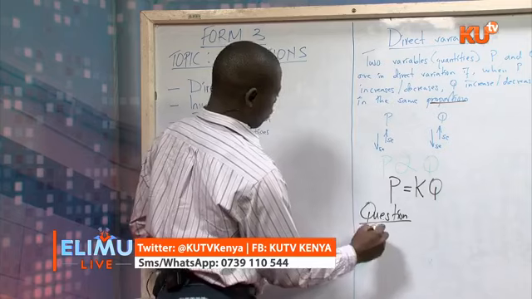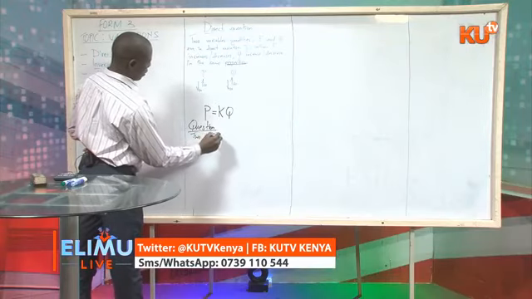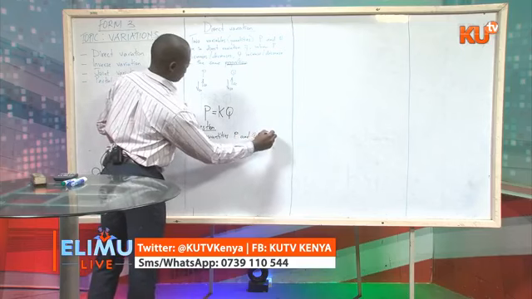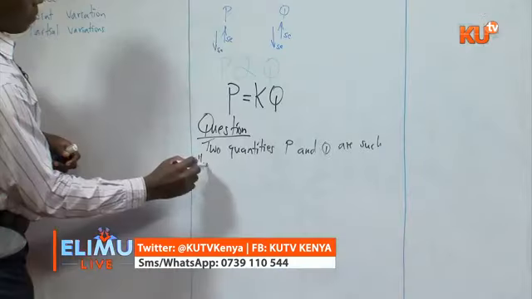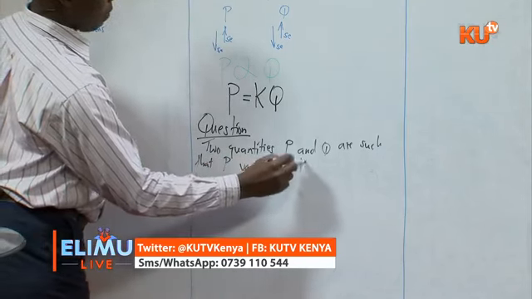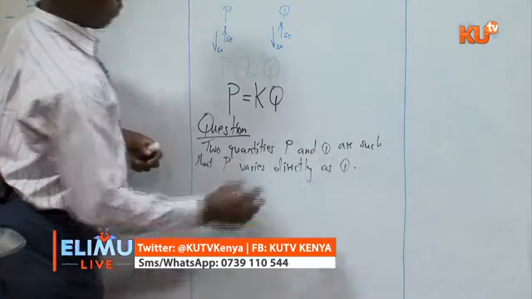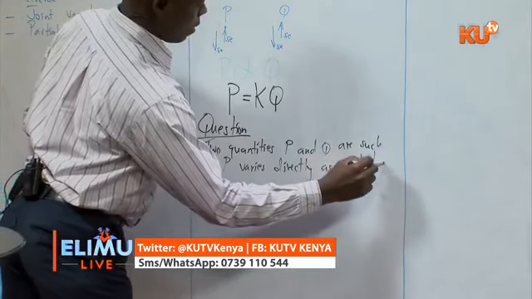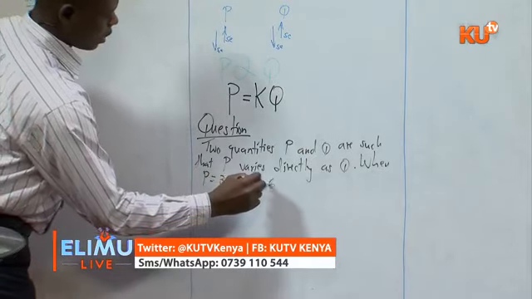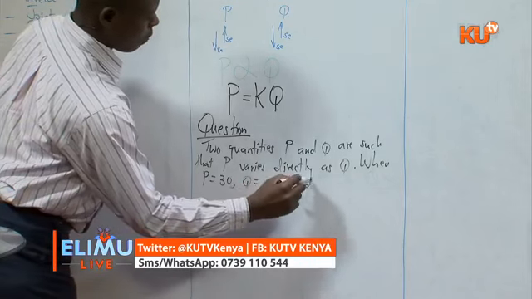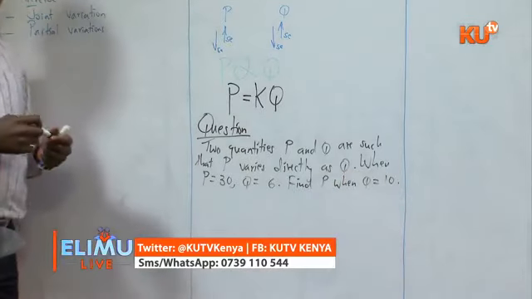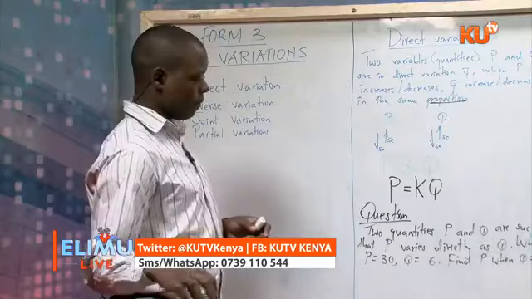If, for example, two quantities, P and Q, are such that P varies directly as Q. We're told when P is 30, Q is 6. Find P when Q is 10.